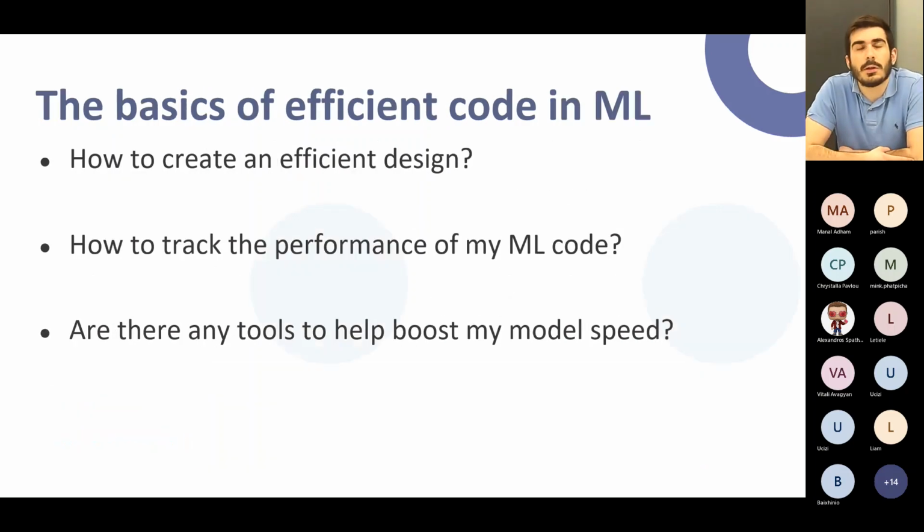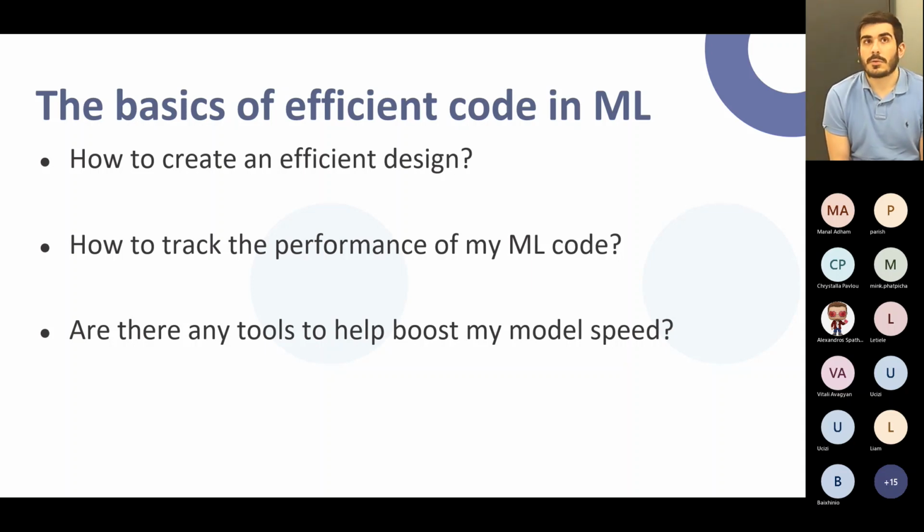So some of the basic questions of how to write efficient code for machine learning purposes is how to do it in a manner such that it will allow scalability and being able to keep track of, let's say, the code enough so you don't end up regressing the code accidentally.